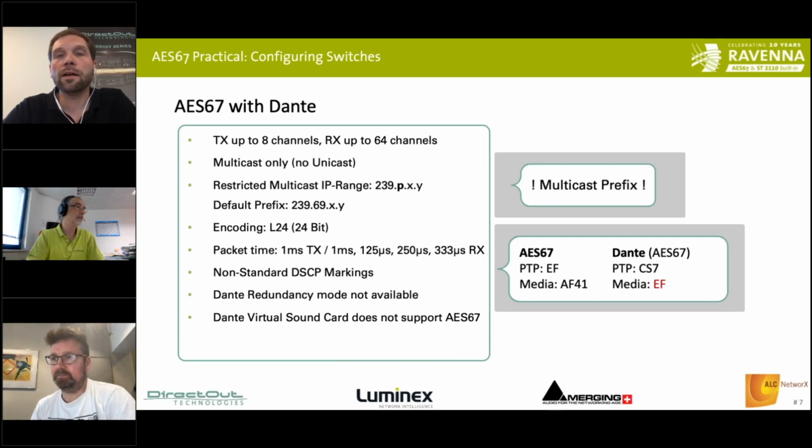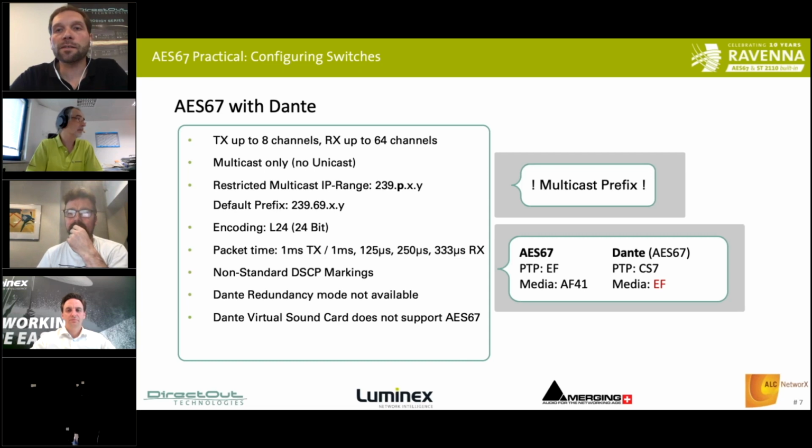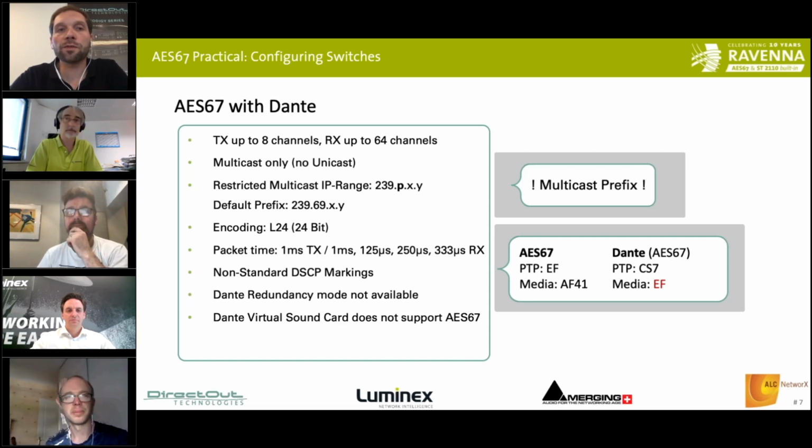In that case, the grandmaster will talk to all those switches running in boundary clock mode to run the delay measurement, delay requests and responses. But all the devices connected to those switches will just talk to their own switch, and nothing else will spill into the other parts of the network.